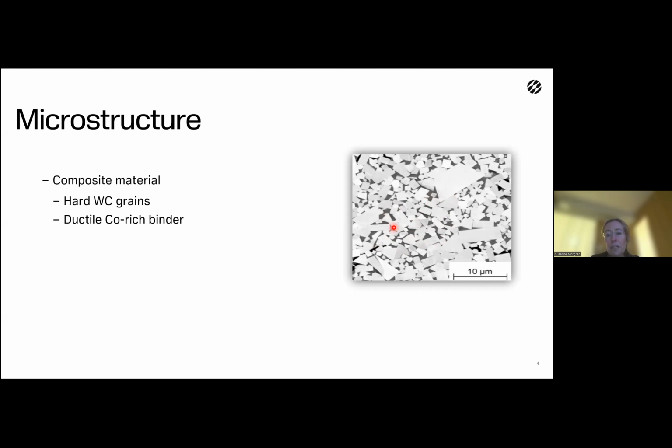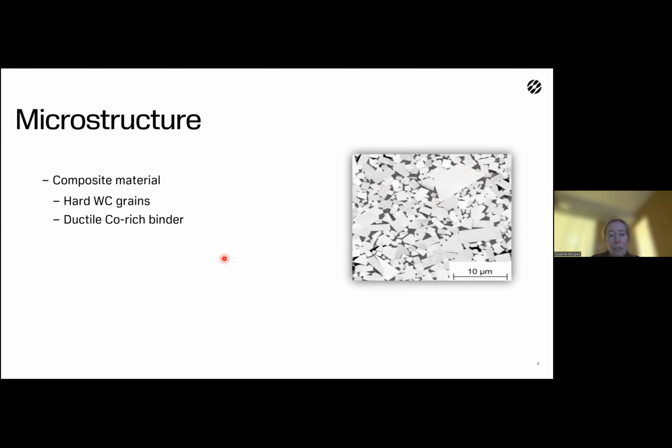The smaller the grains, the harder the material you get, and the larger the grains, the more ductile. But compared to steel powder-based materials, the grains are very small. As you can also see here in the image, the tungsten carbide grains are very faceted in their shape, and we will come back to that.